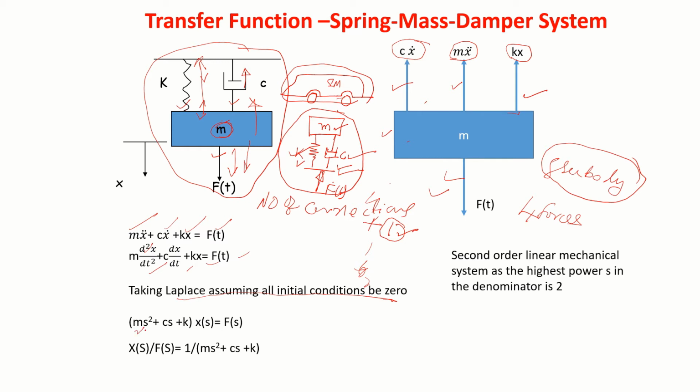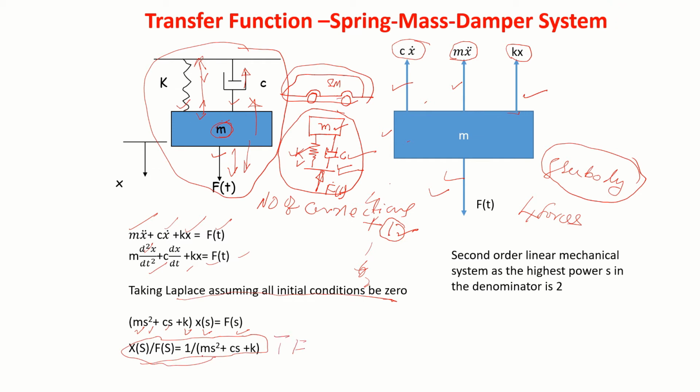Then this becomes m s square, c s, and then k, times X of s. X of s I have taken out common. Laplace of f of t is F of s. So X of s by F of s is 1 by m s square plus c s plus k. You have got the transfer function.